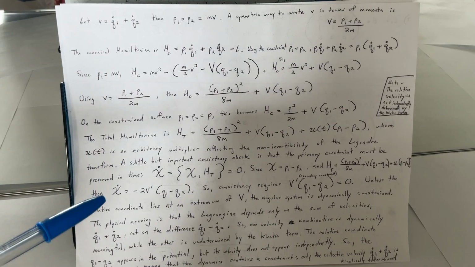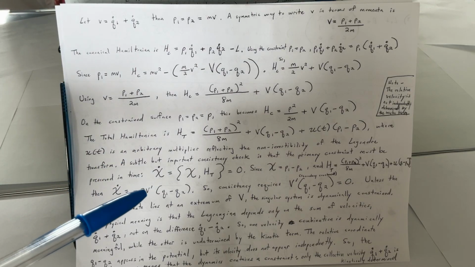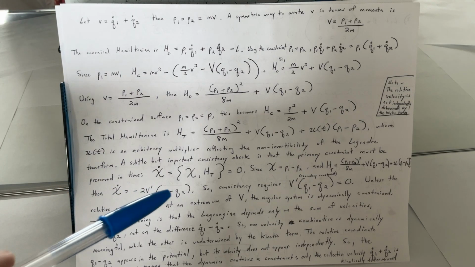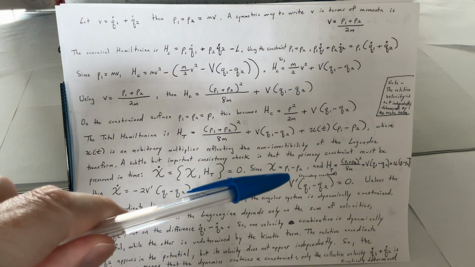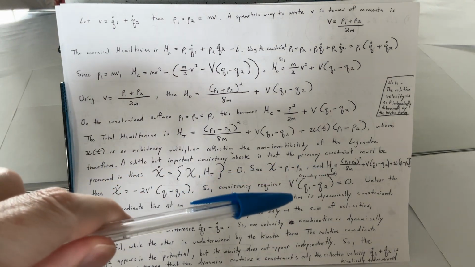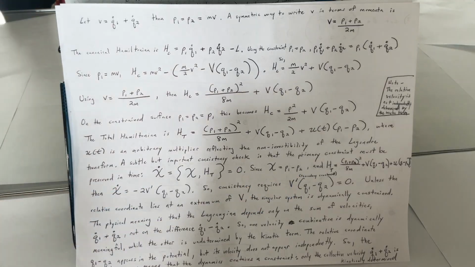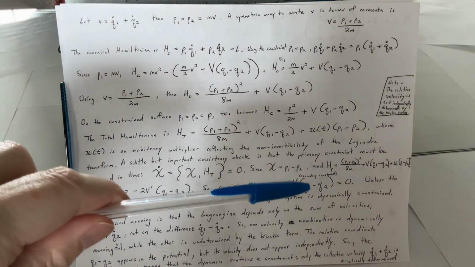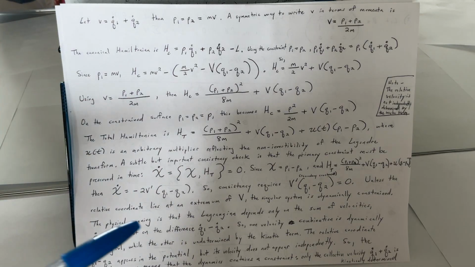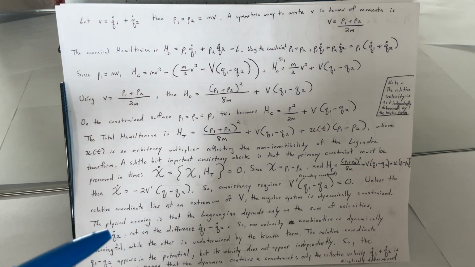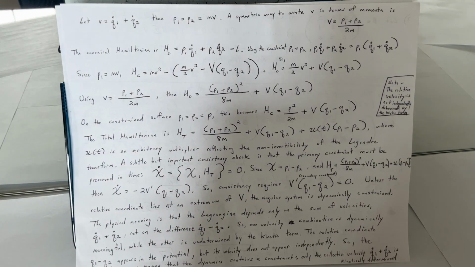So then here, chi dot equals negative 2V prime times the quantity q1 minus q2. So the consistency requires this secondary constraint here, V prime times q1 minus q2 equals 0. And unless the relative coordinate lies at an extremum of V, the singular system is dynamically constrained.